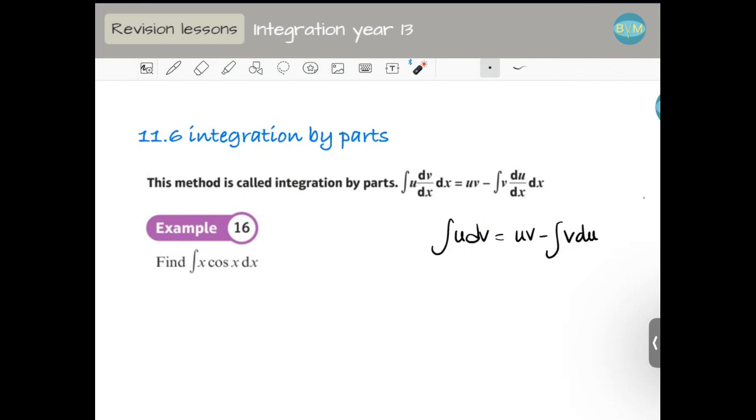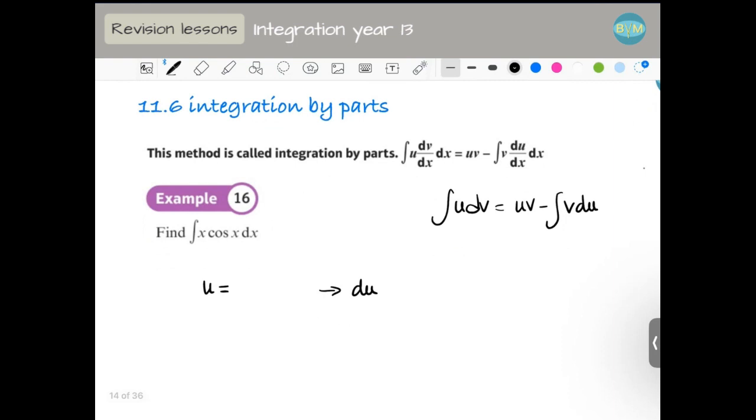So if you know how to integrate and differentiate both functions, I would choose as u the one that becomes simpler when you differentiate it. So for example, a polynomial, if you have x squared, I would choose that as u, because when you differentiate it, it becomes 1 degree less.